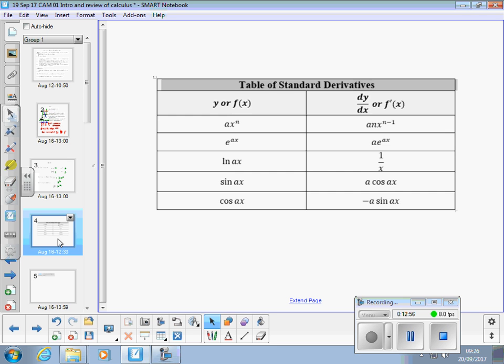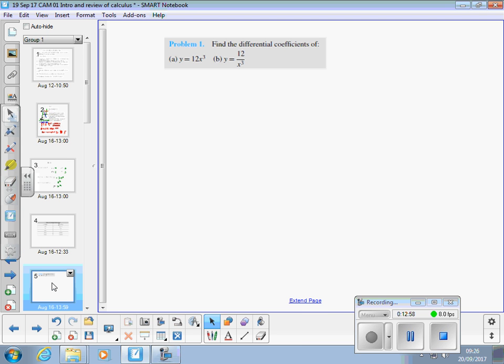So, let's have a look at a couple. y equals 12x cubed. Which entry in the table are we using to differentiate that function?